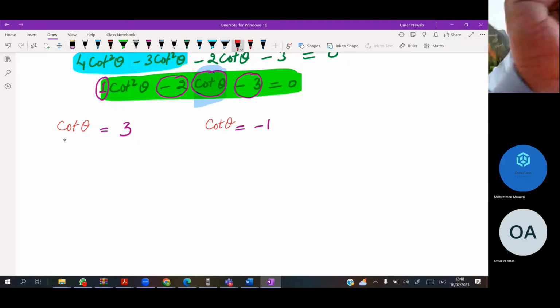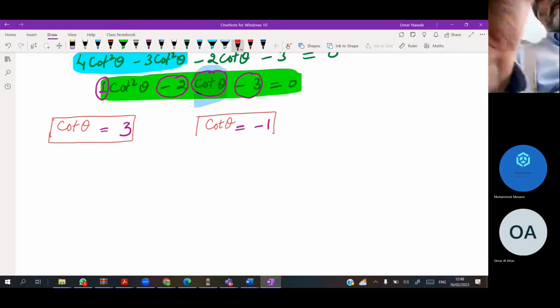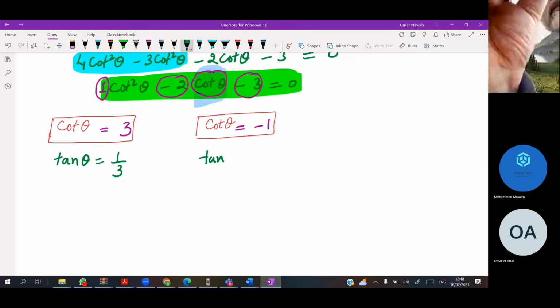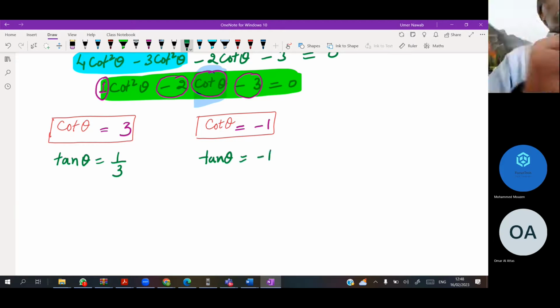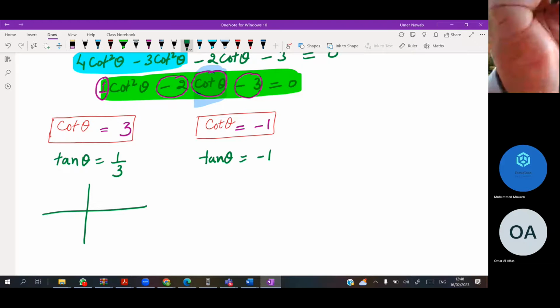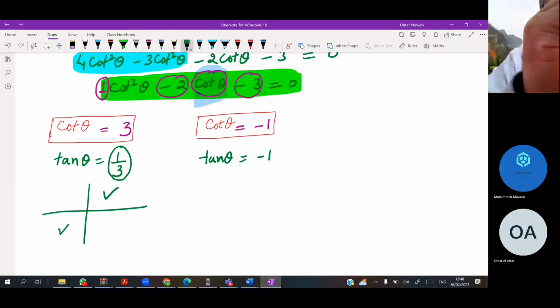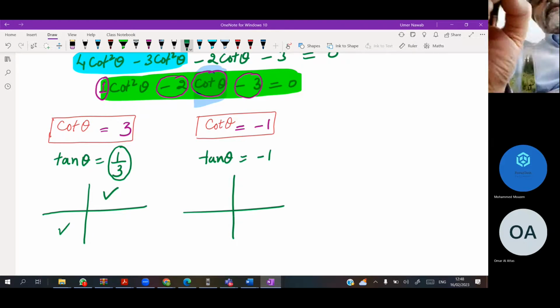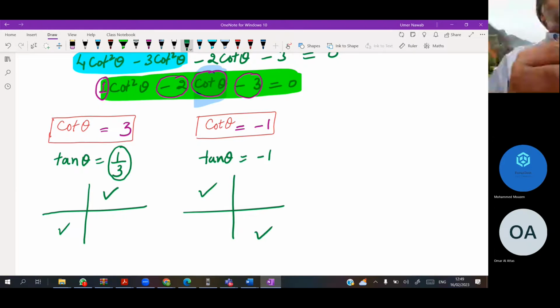Now, did you see that it turns into two basic trigonometric equations, which I have just discussed in the beginning. Now, cot theta is equal to 3 can be written as tan theta is equal to 1/3. And here tan theta is equal to 1/-1, that is -1. Now, it's a positive answer, so you're expecting your answer in the first and the third quadrants. For the negative, you're expecting your answer in the second and fourth.